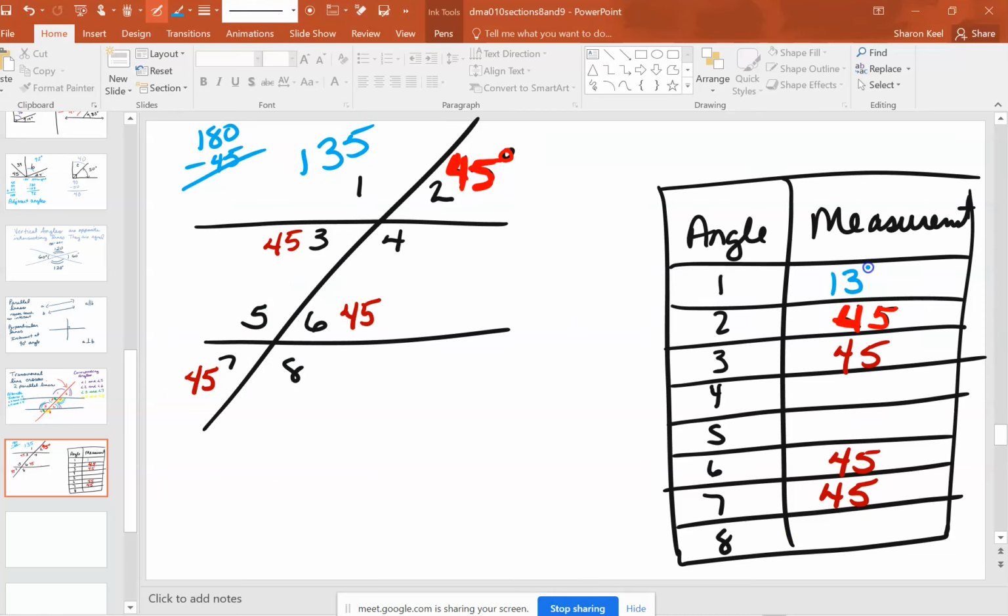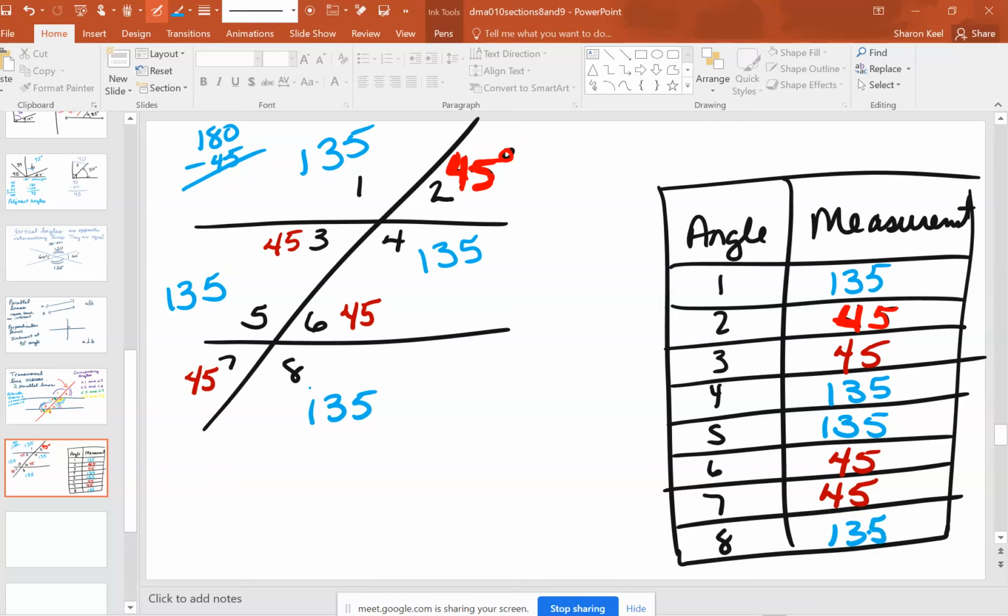So if angle 1 is 135, the corresponding angle is number 5. Number 5 is also 135. Angles 1 and 4 are vertical from each other, so that means 4 is also 135. And 4 and 8 are in the same corresponding location, so that would also be 135 degrees.